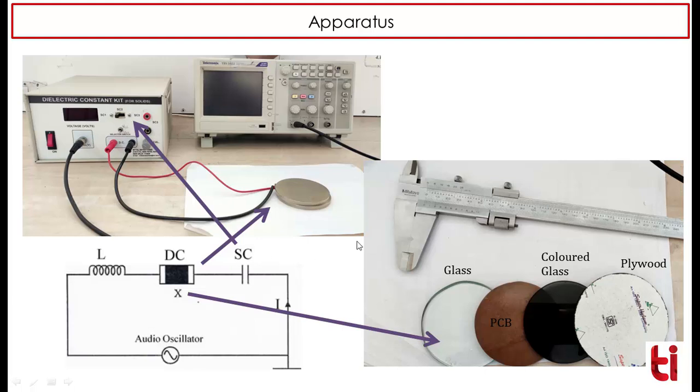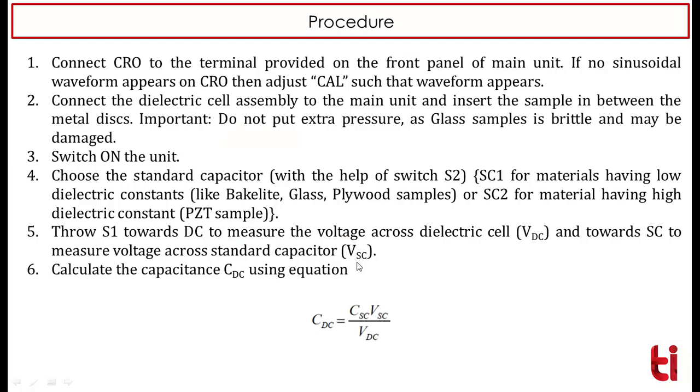We also require a vernier caliper to measure the radius and determine the diameter and the thickness of the given samples for which we want to determine the dielectric constants.